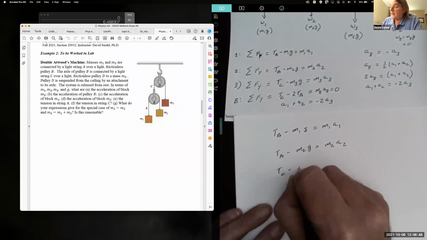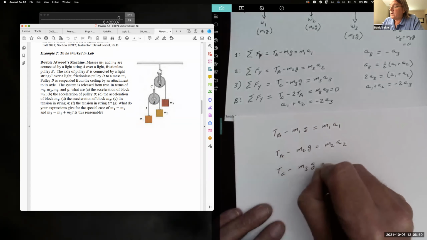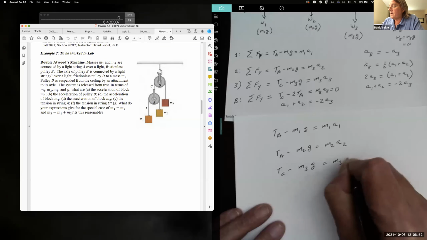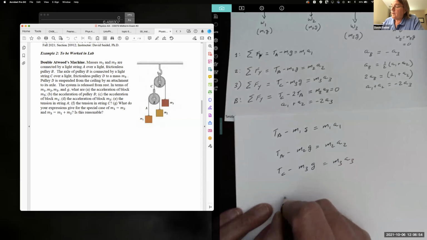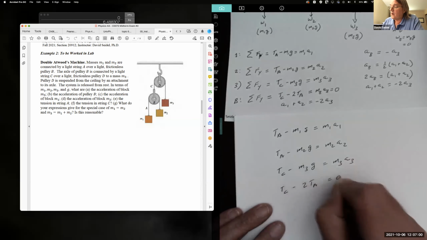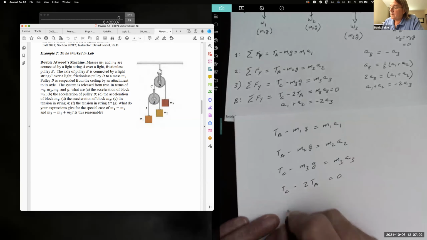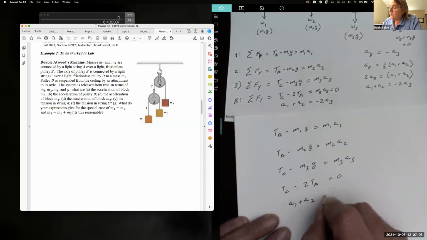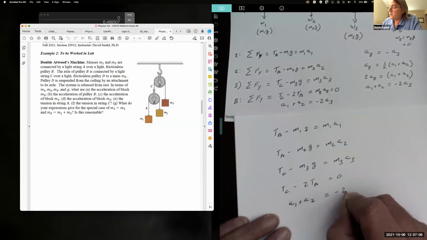TC minus M3G is equal to M3A3. TC minus 2TA equals 0. And A1 plus A2 is equal to minus 2A3.